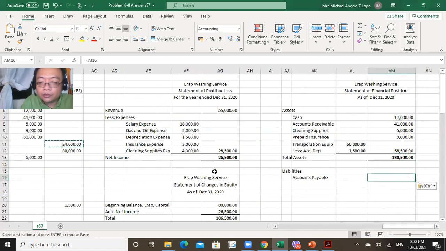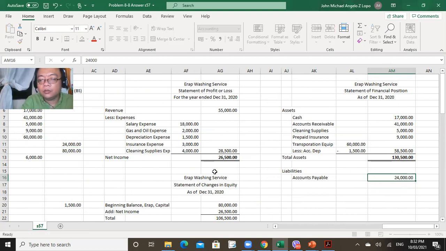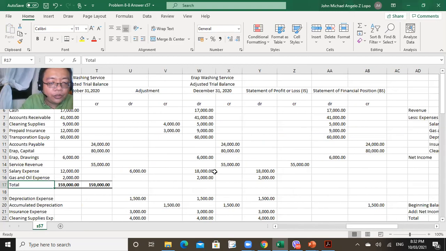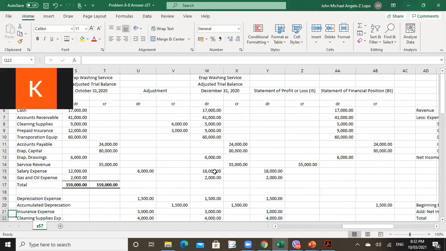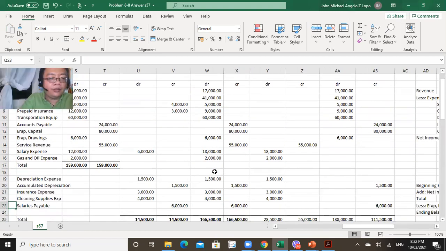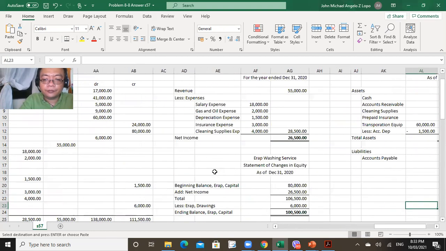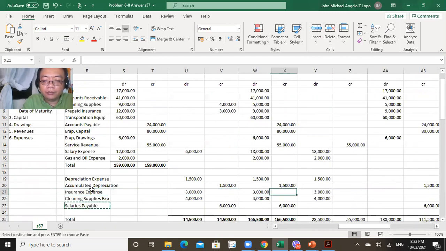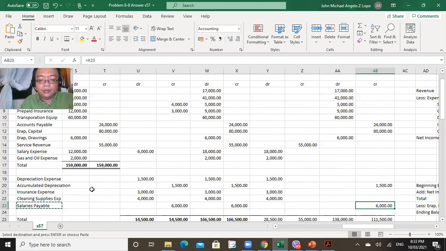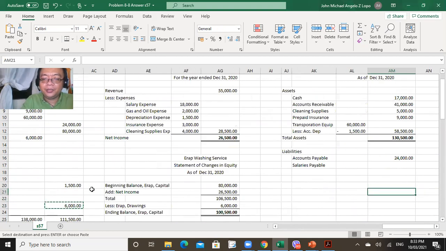24,000. What else? You have also here, I believe, your salaries payable, correct? Yes, you have salaries payable here, and the amount here is at 6,000.